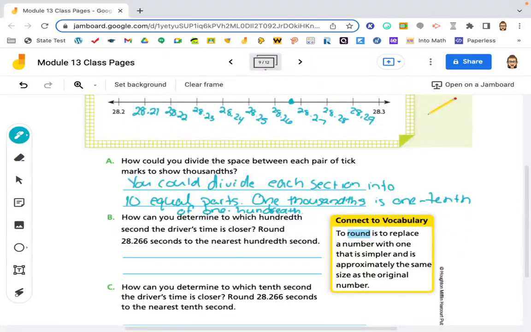How can you determine to which 100th second the driver's time is closer? Round 28 and 266 thousandths seconds to the nearest 100th second.